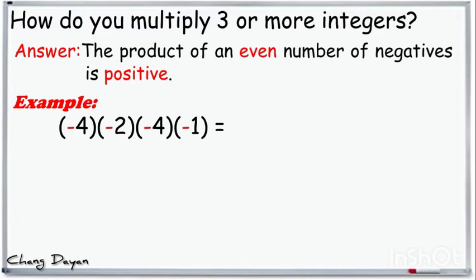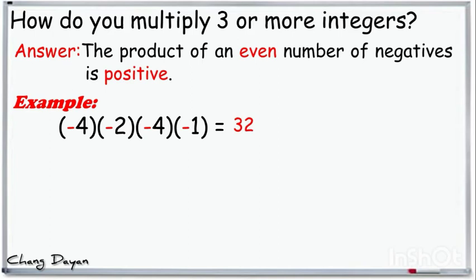So negative 4 times negative 2 is positive 8 times negative 4, the answer is negative 32. Negative 32 times negative 1, the answer here is positive 32.